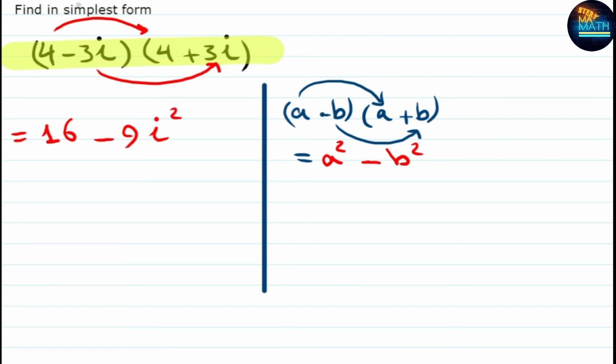You remember, of course, i squared is negative 1. So it's negative 9 times negative 1, which is positive 9. So 16 plus 9. Here you have all real numbers, no imaginary parts. So 16 plus 9 is equal to 25. So the answer is 25.